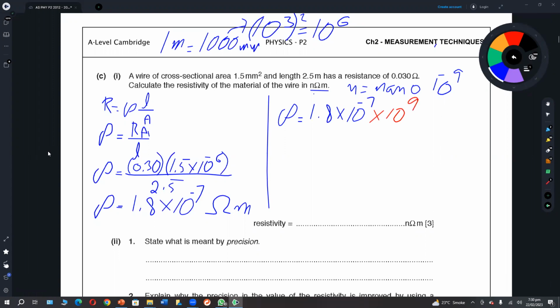With 9 or minus 9? No, it's a rule in basic mathematics. Now you are going from a bigger unit to a smaller unit, so you will multiply. Smaller to bigger, you divide. Bigger to smaller, you multiply. We have it in meters, so we are just making it into a smaller unit.